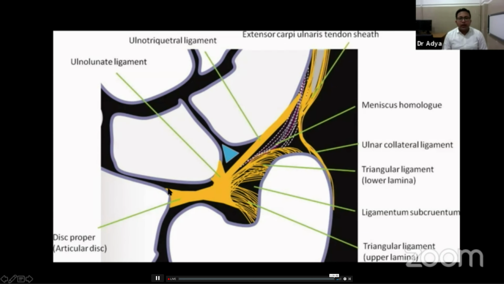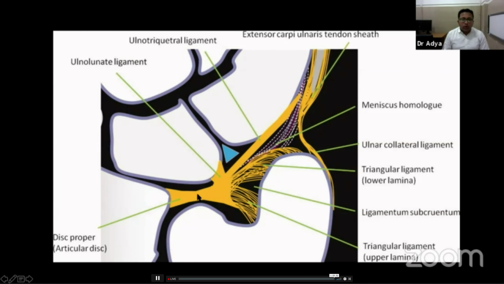The predominant component is the disc proper, which is known as the articular disc, which arises from the articular cartilage at the distal medial most corner of the radius, and this extends medially where it gets divided into two components, two triangular ligaments. One is its upper lamina that inserts into the fovea, and another is the lower lamina, which inserts onto the styloid process.